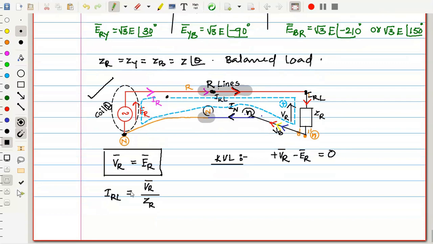So now I can write IRL is equal to ER phasor divided by Z at an angle theta. ER is E at an angle 0 divided by Z at an angle theta, which is equal to E by Z magnitude, angle is minus theta. Got it? This is the phasor IRL.